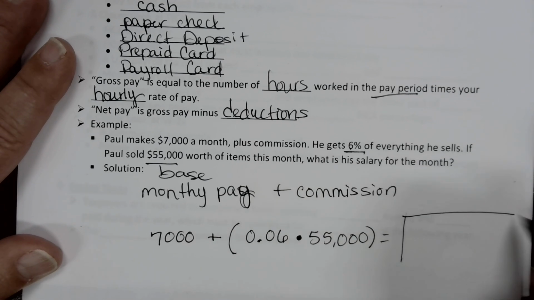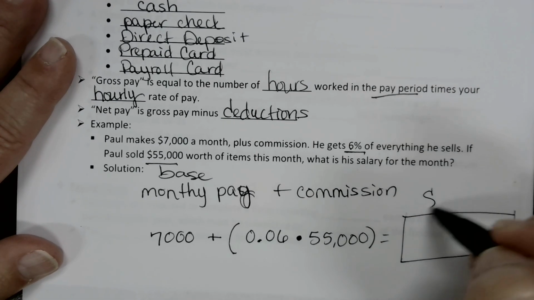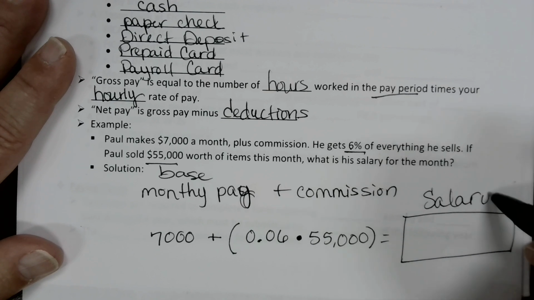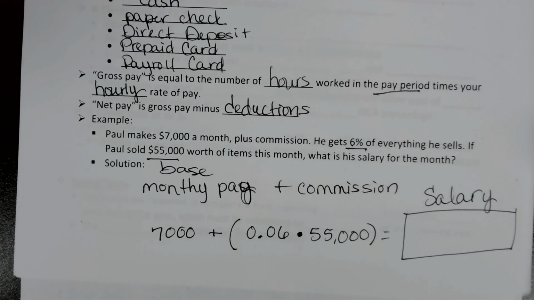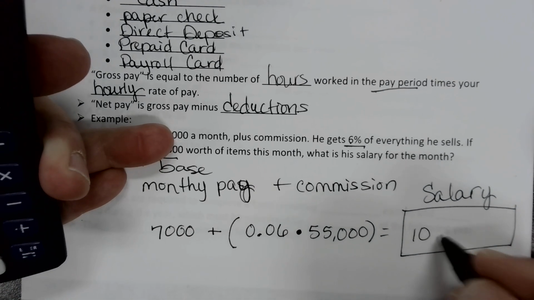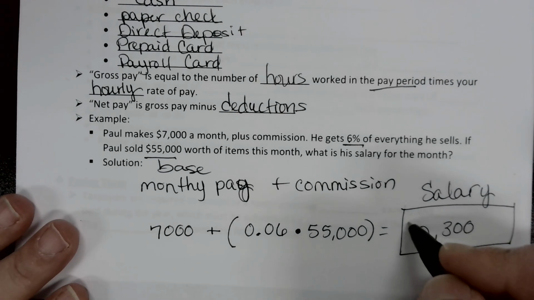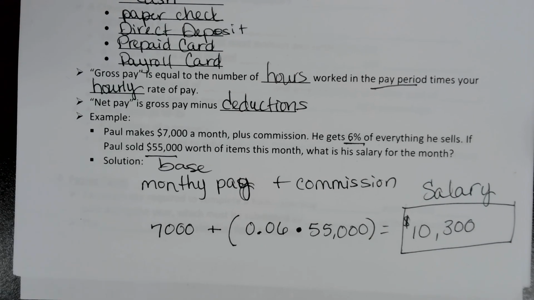And that will give you his total pay, his salary. I'm going to say that he had a pretty good job. Let's just figure it. 0.06 times 55,000 equals, plus 7,000 is $10,300 a month salary. That's a pretty good salary. That's a lot more than mine. I'd like to have that job. Okay.